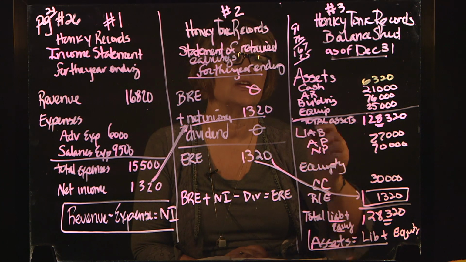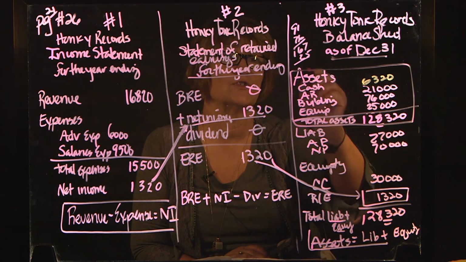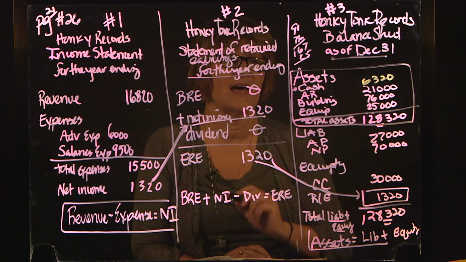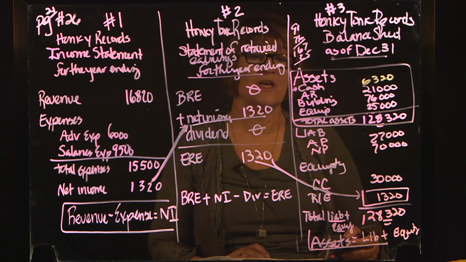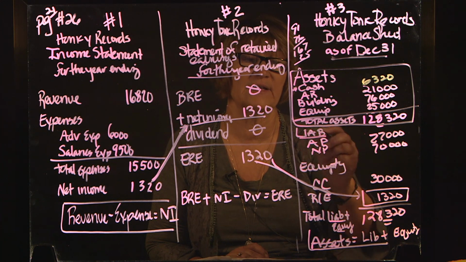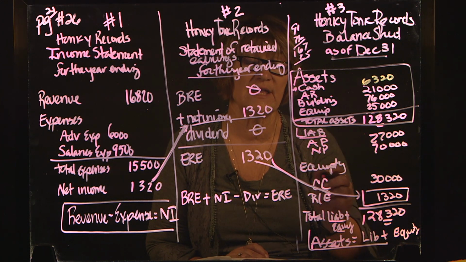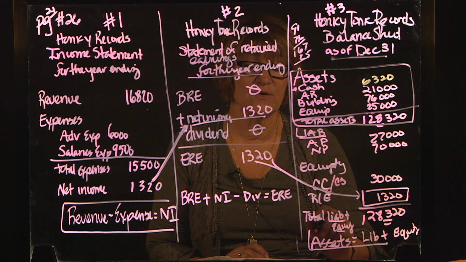On the balance sheet, you're going to list all of those accounts you deem as an asset first, always starting with cash, and then going down as far as liquidity goes. You'll then list all of your payables or your liabilities, and then your equity accounts are contributed capital or common stock plus retained earnings.